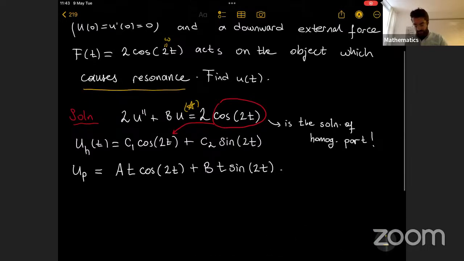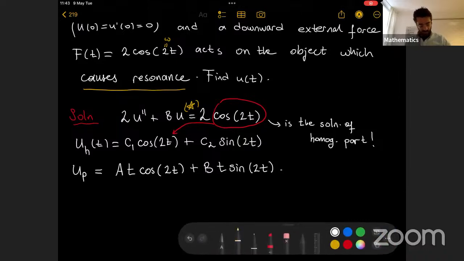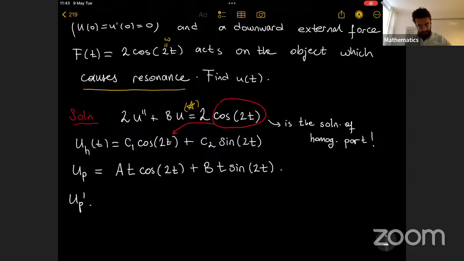First, we need to find the second derivative of u. The first derivative is, well, it's going to be a little bit longer: minus 2a t sine 2t plus a times cosine 2t.